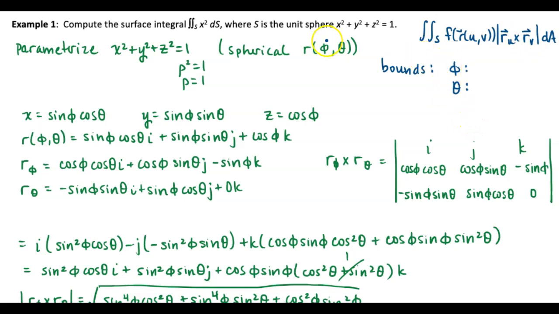And what are the bounds if we have this surface as a unit sphere? We remember these bounds from when we talked about spherical integration. We already proved this in that video: phi is just going to go from 0 to pi, and theta is going to go from 0 to 2 pi.